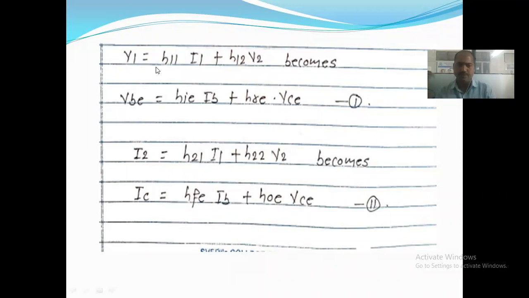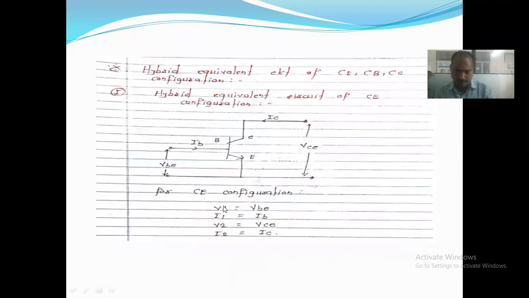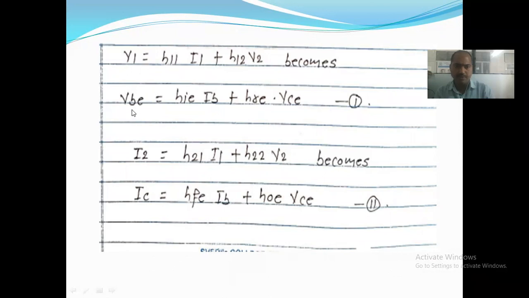So V1 is equal to H11 I1 plus H12 V2, right? In this equation we have to put in the values for the particular case: V1, I1 and V2. V1 is nothing but VB, so instead of V1 we write VB.